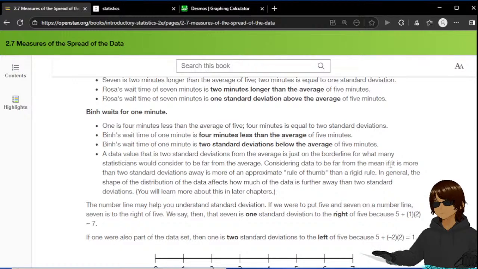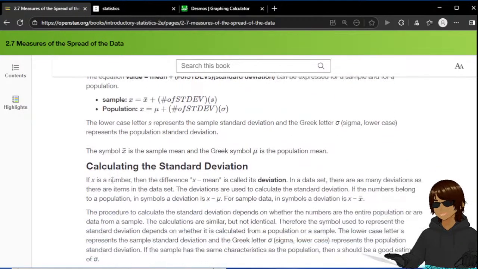Considering data to be far from the mean if it is more than 2 standard deviations away is more of an approximate rule of thumb than a rigid rule. In general, the shape of the distribution of the data affects how much of the data is further away than 2 standard deviations.